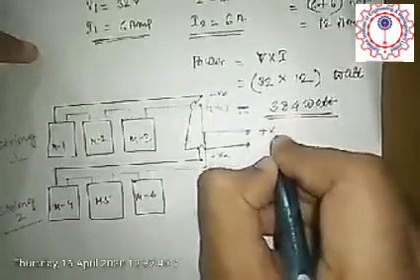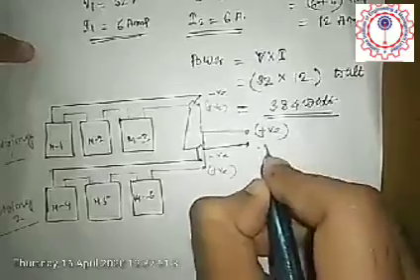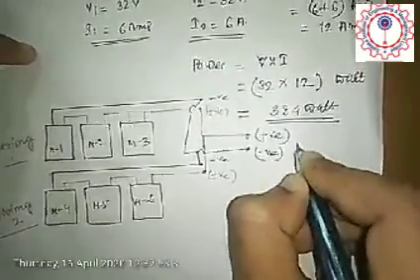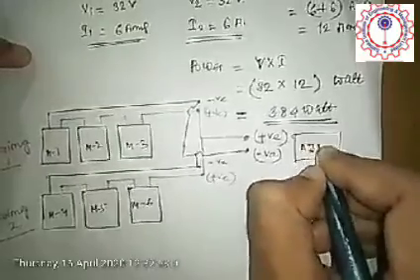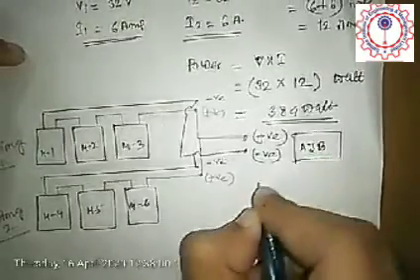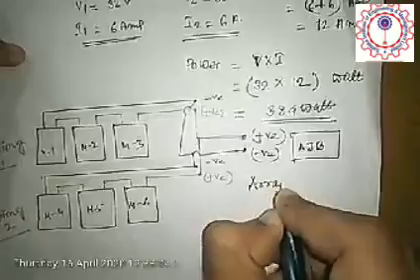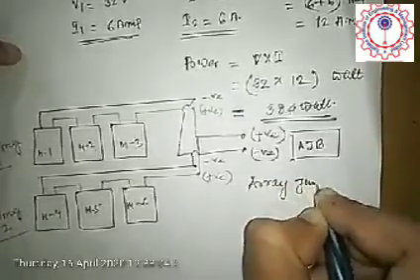This is the positive terminal, and finally this is the negative terminal, and it will go to the AJB. This is the array junction box.